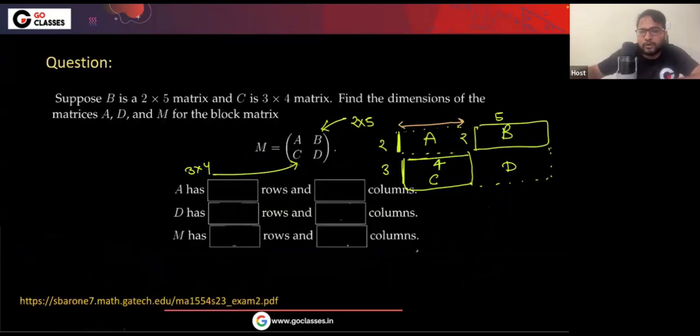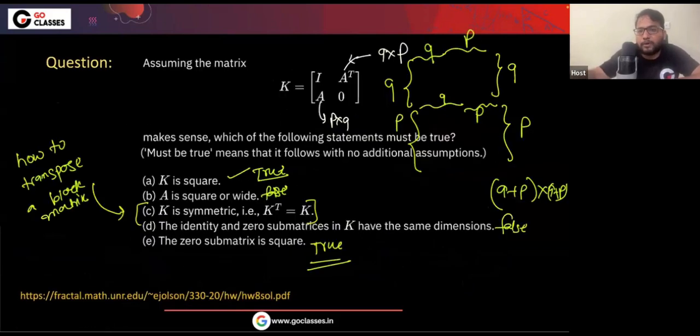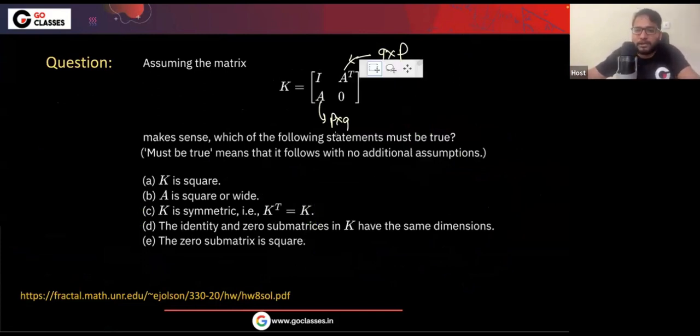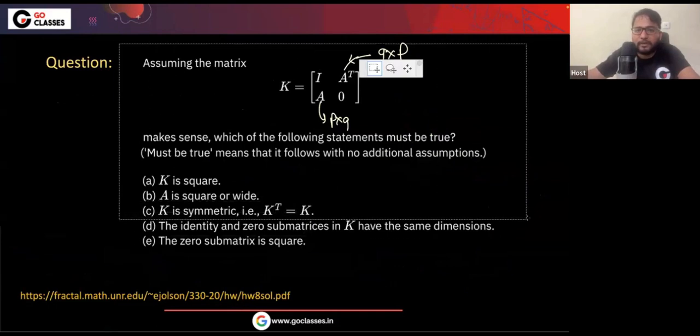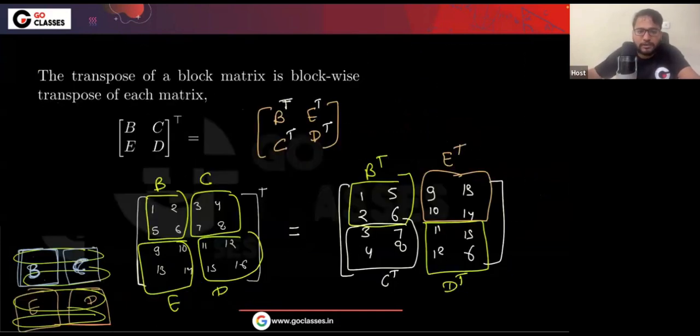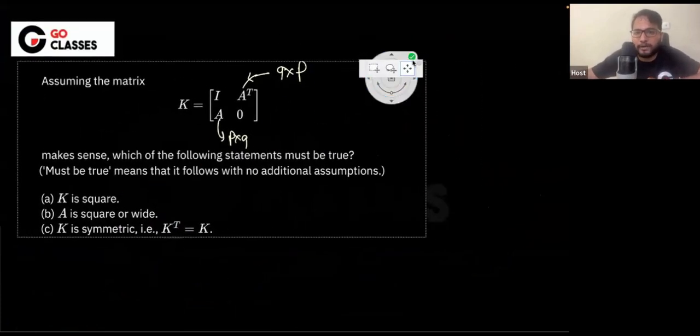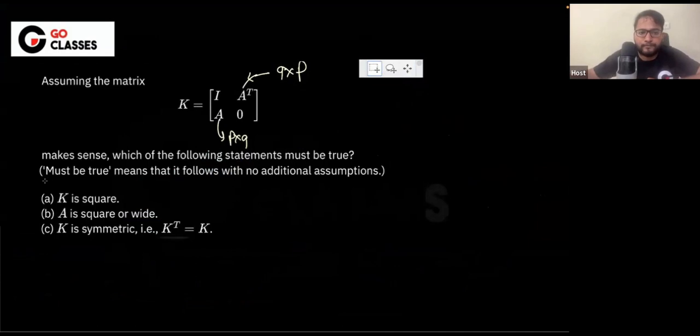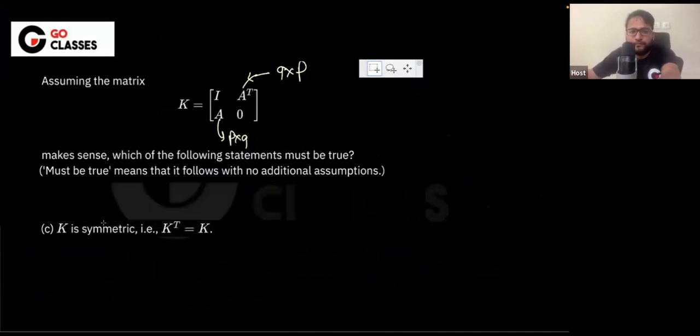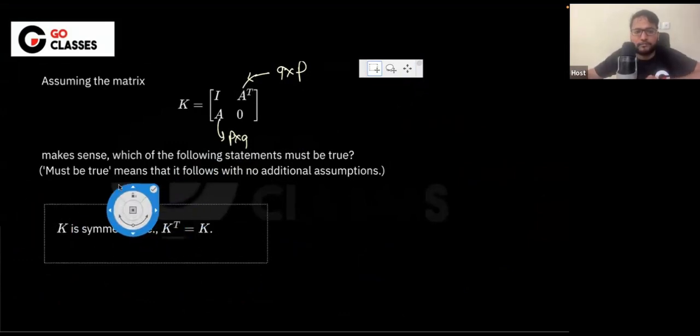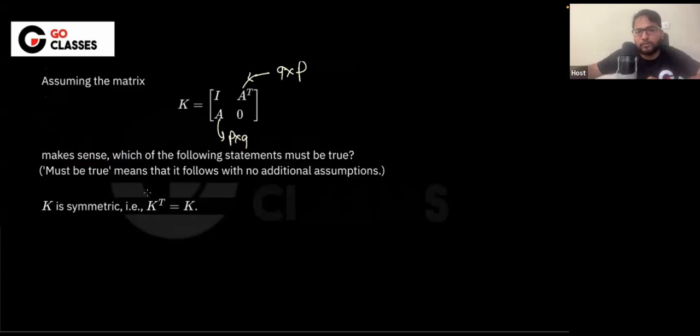Now let's go back to the question where we started. They are saying, if you have something like this, then tell me, is this K a symmetric matrix? We can take the transpose of this, right? So we take this K. K transpose will be I, and then A transpose, right?